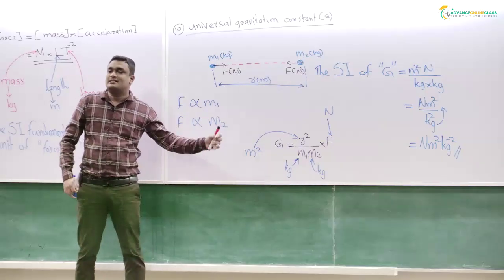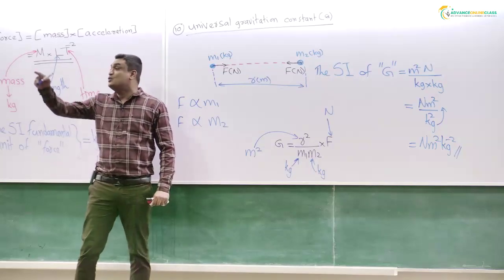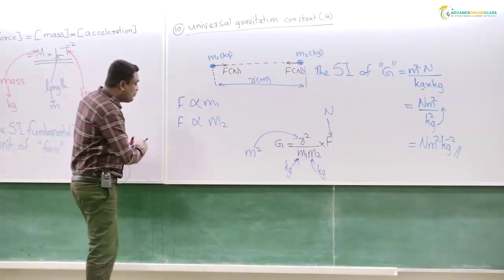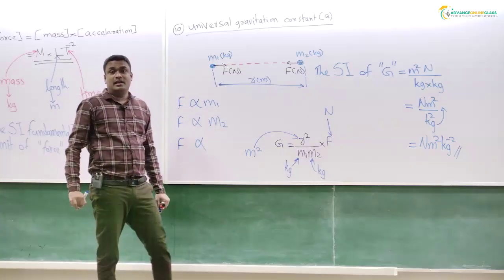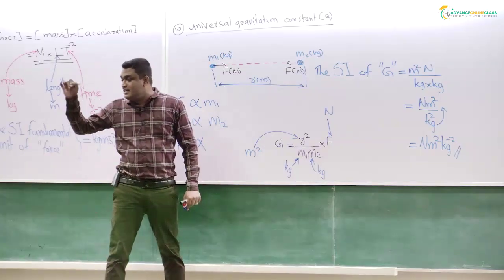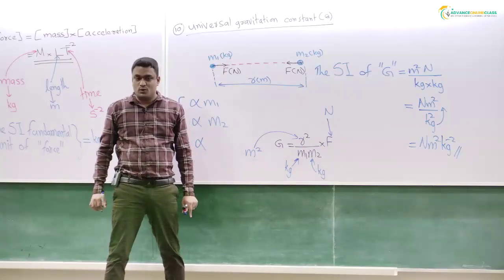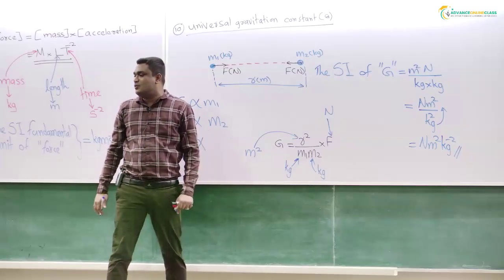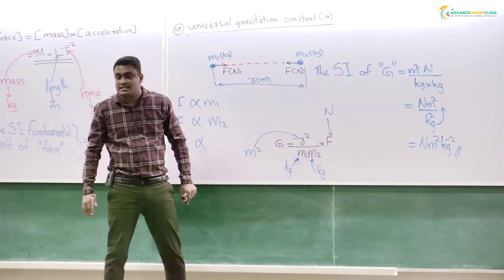Therefore, these results are said to be Newton's law of gravity. And he found that the force will be very small if the distance between the masses is very large.